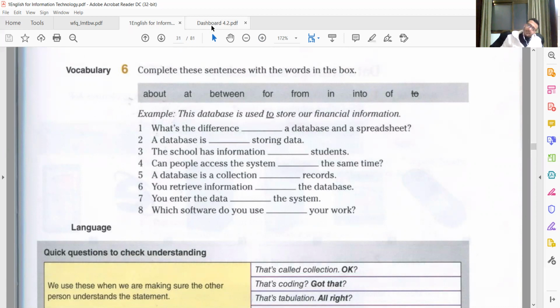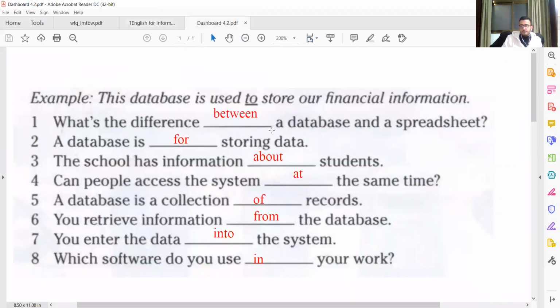Okay, let's check the answers. Number 1, what's the difference between a database and a spreadsheet? When we compare two things, we say the difference between. Okay, a database is for sorting data.